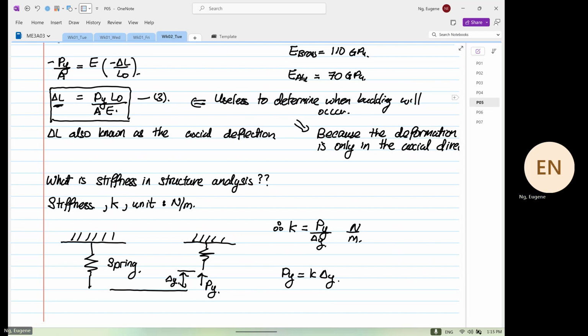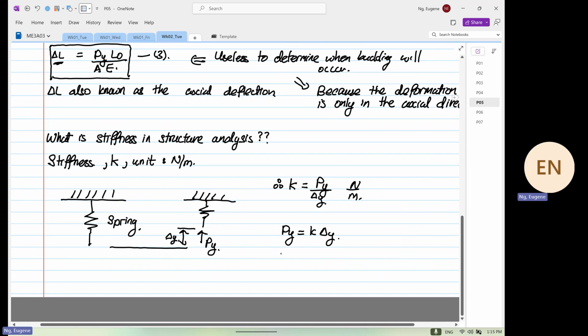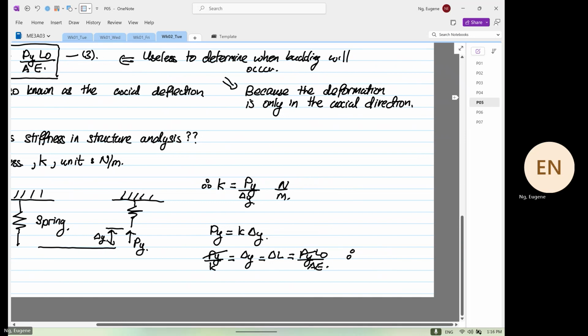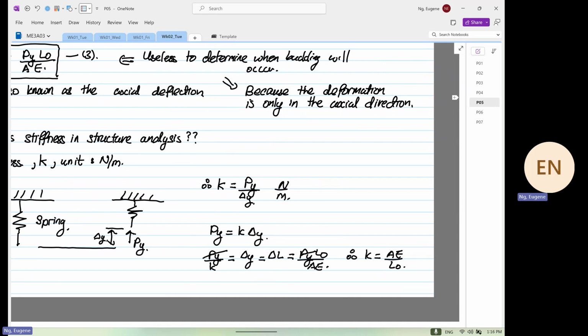Our delta y. Okay, so I'm going to rearrange this. So Py over K is equal to our delta y. And delta y, for this case, is also equal to our delta L. And this will be equal to Py L naught over AE. We can get rid of our Py's. Okay, so the stiffness K, so therefore, the stiffness of any structure is equal to AE over what? L naught.